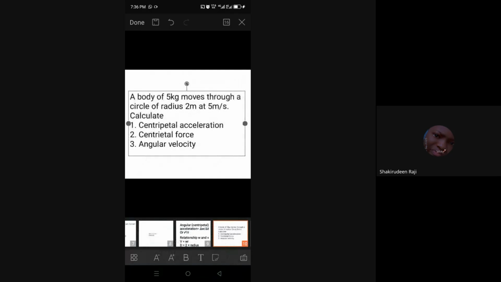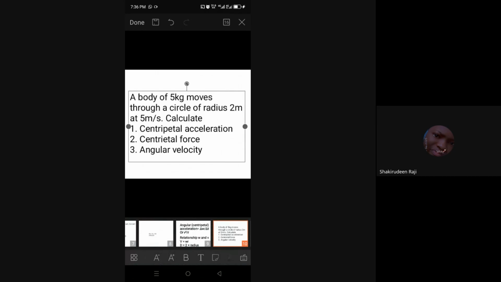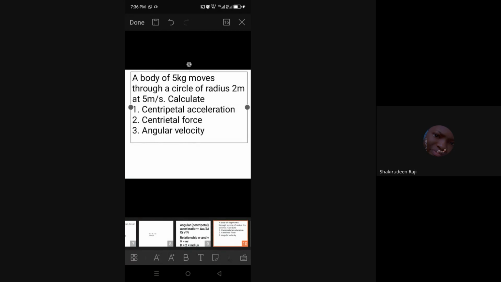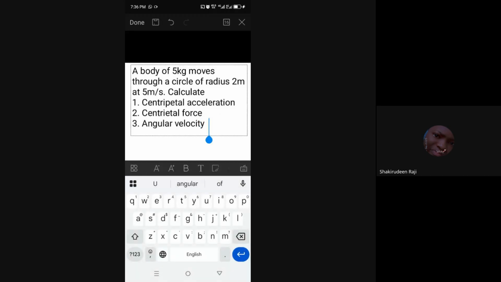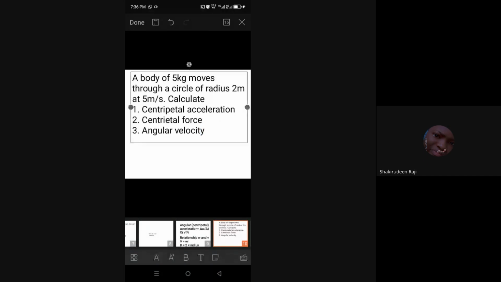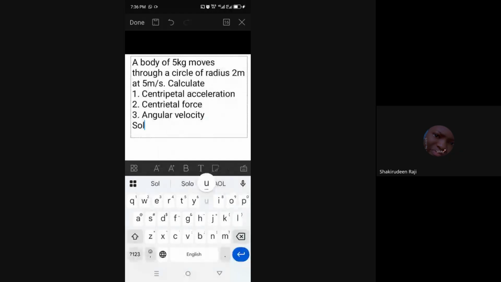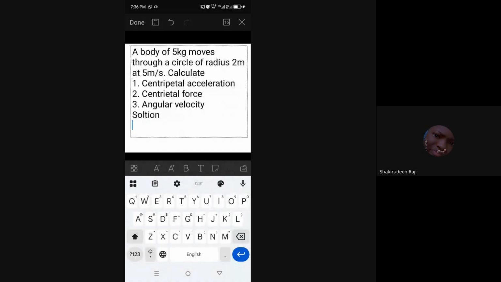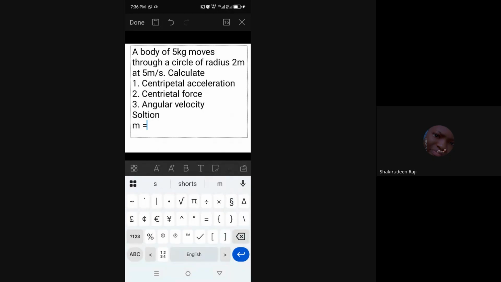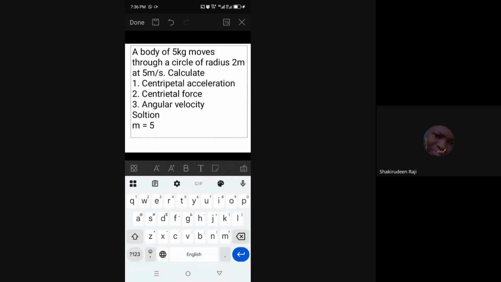Once I solve this, you don't have any challenge with circular motion. So let me solve. Is there anybody who wants to solve it for us? Anybody? Okay, solution. You just write the values you are given in the question. Mass given to be 5 kg.